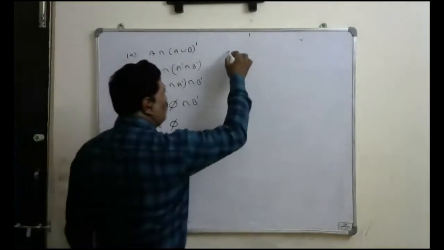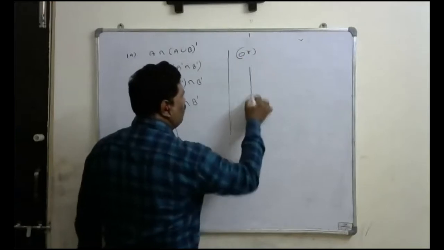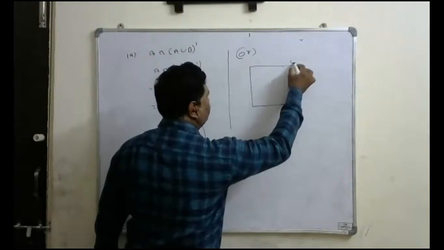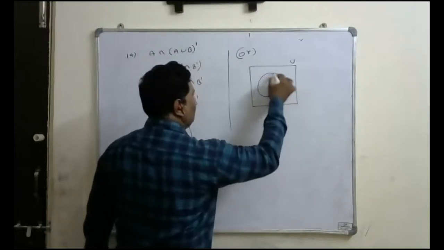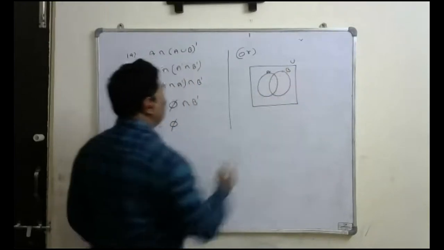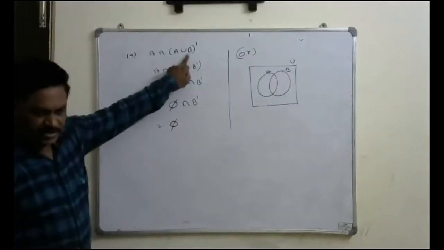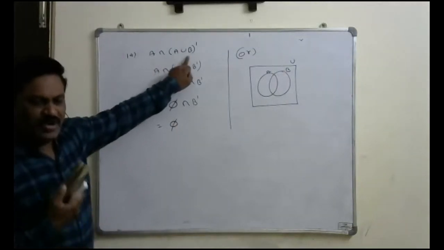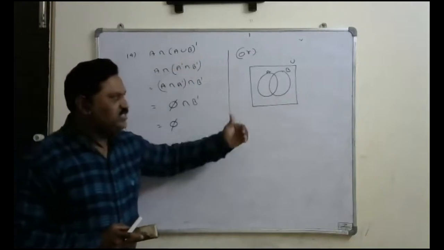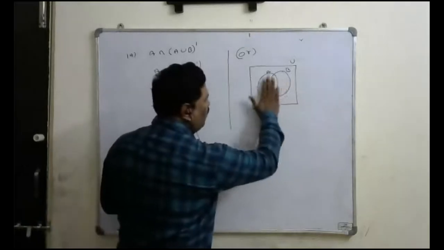Otherwise, through the Venn diagram also, we can find this answer. I have the Venn diagram here. Suppose this is the universal set. In that, this is set A and this is set B. Here they have first given (A union B)', which is the area available in the universal set but not in A union B. This is the A union B part.